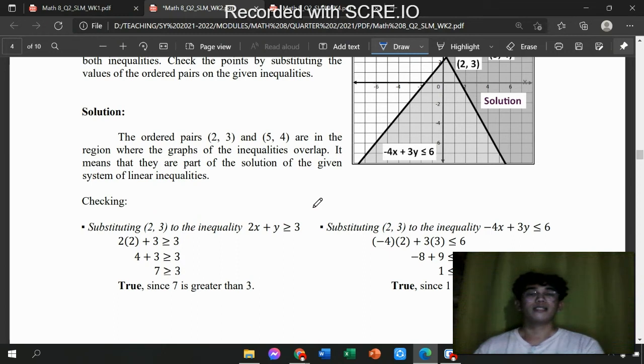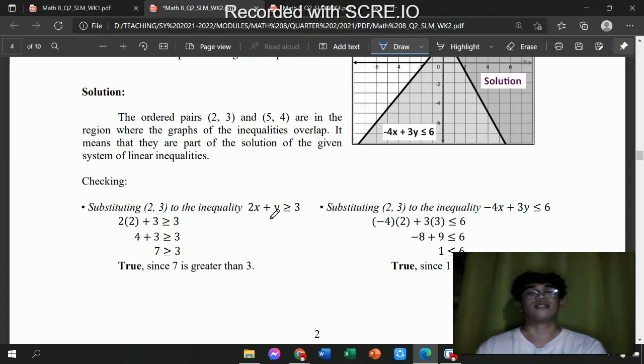So ato na siyang i-substitute sa atong inequality, same sa lesson 1. So 2 and 3, x ang 2, y ang 3. Again, x and y ra siya always. So ang 2 is substitute sa x, ang 3 is substitute sa y.